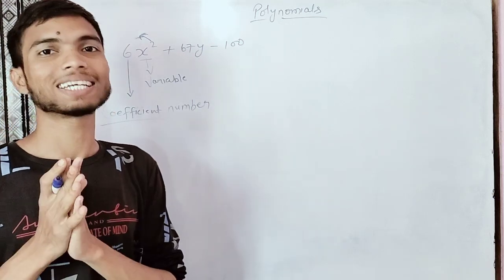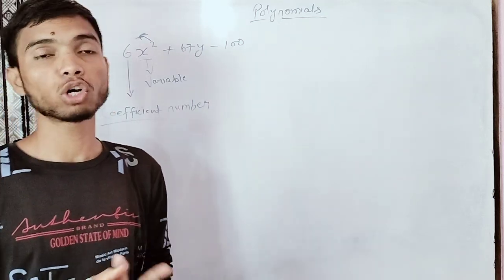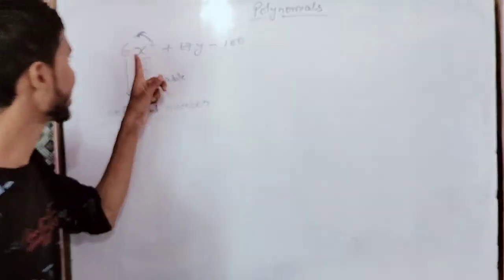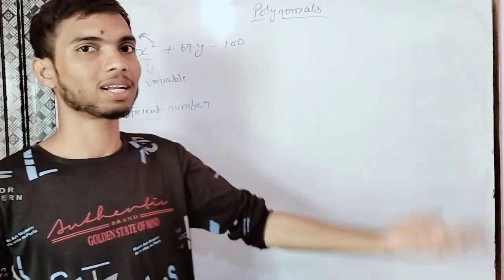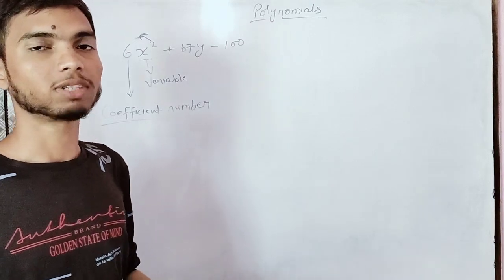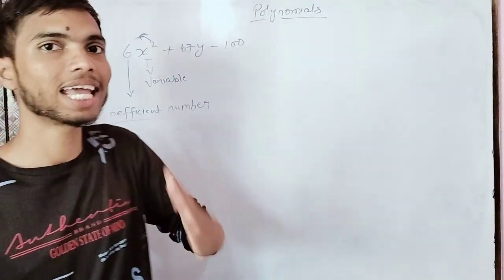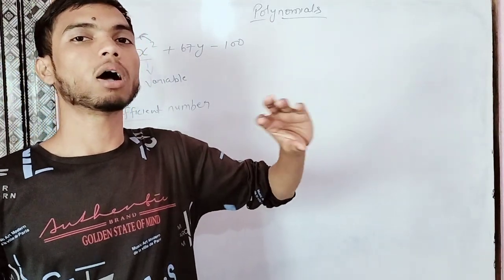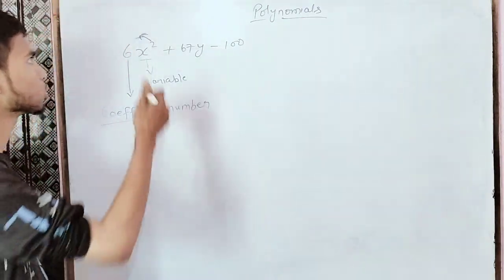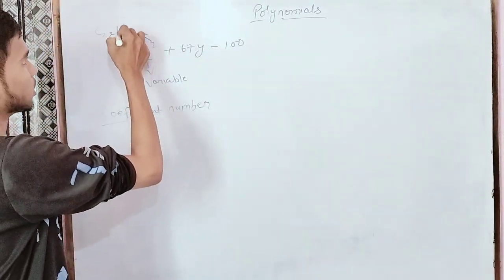So 2 here is an exponent. The meaning of exponent is times: x is written 2 times, x multiplied by x. If there is a 7 as the exponent, then x will be written 7 times in multiplication. So this is the exponent.